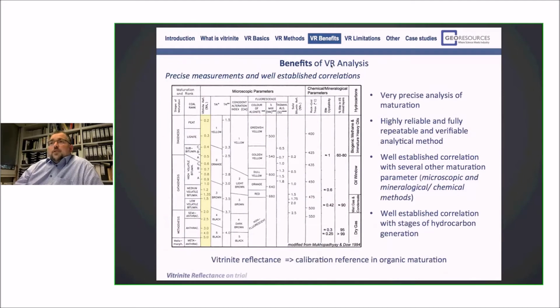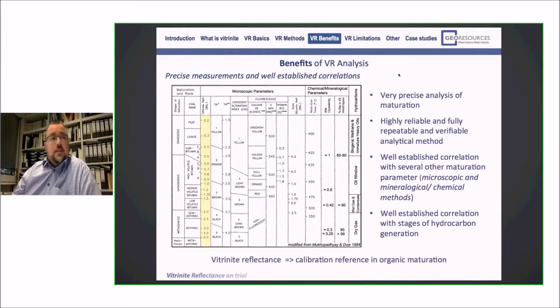So what are the benefits of vitrinite reflectance analysis? Why is this strong tool used in many studies, and taken as reference in many projects? A very big advantage is that you can do precise measurements and have a lot of well-established correlations.